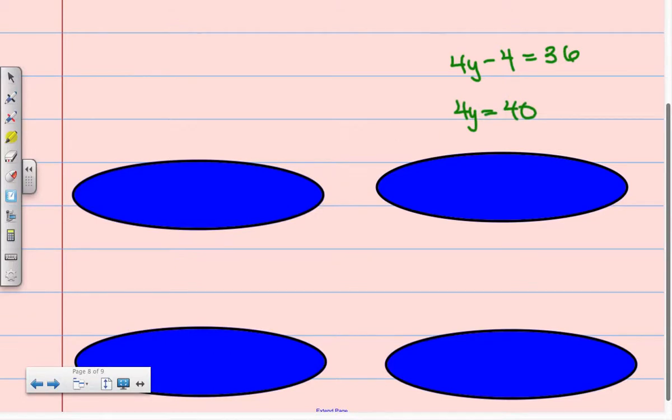Moving my 4, I get y is equal to what, class? 10. Oh, it's right.